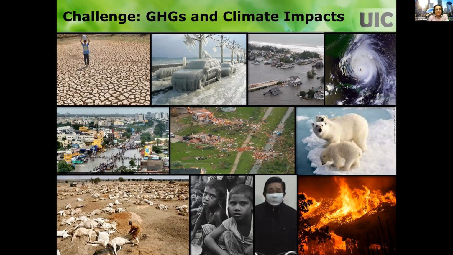You can see some places it's extremely dry, some places it's extremely wet, a lot of flooding, very intense storms, a lot of unusual weather and climate impacts, sea level rise, wildfires that are going on in California here in the US, very common. And you see in India, there's a lot of flooding going on. This never used to happen in some places, and these things are happening.